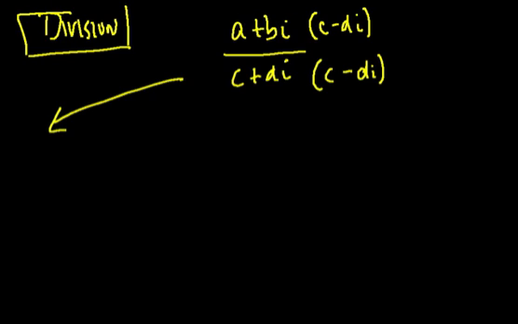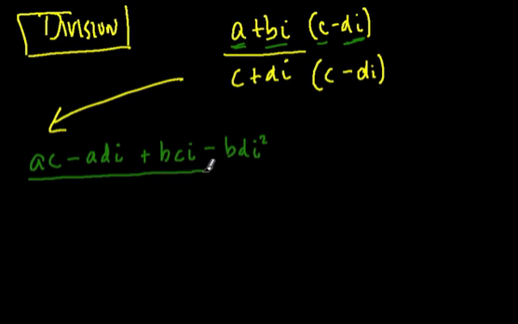Up top we have A times C, which is AC, and then A times minus DI, which is minus ADI, and then BI times C, which equals positive BCI, and then BI times minus DI, which is minus BDI squared.